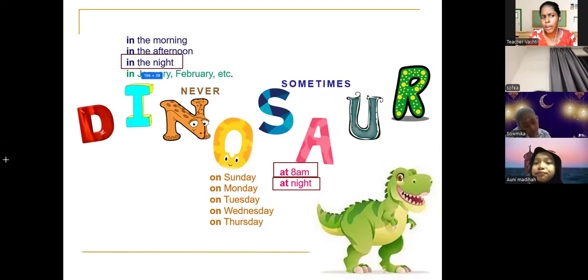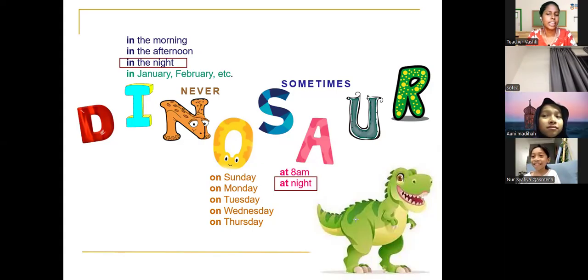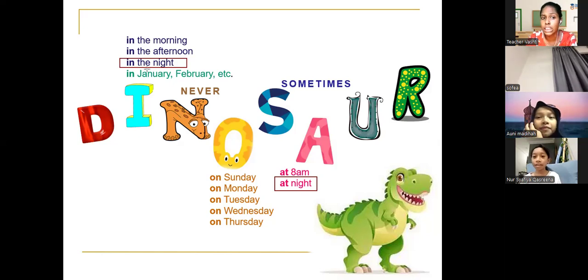Now, at night, apa yang berbeza? Can you tell me what is different? At dengan in. Apa? Okay, at dengan in berbeza lagi. The. Very good. For the word in, mesti guna the. Tapi kalau guna at, tak boleh guna the. You cannot say at the night. You must say at night. Okay?